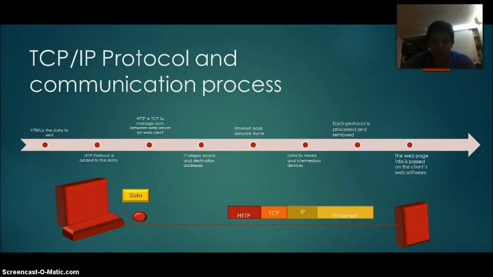Each process in that packet is processed to see how the information should be arriving and from where, and then it goes to the client and you can view that web page.